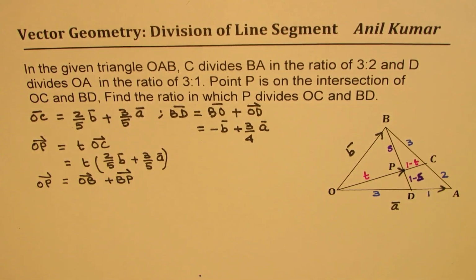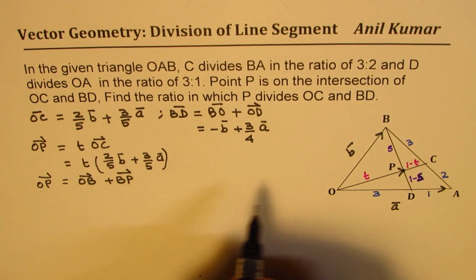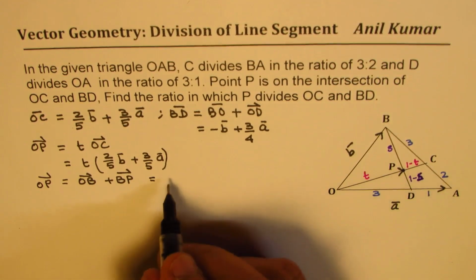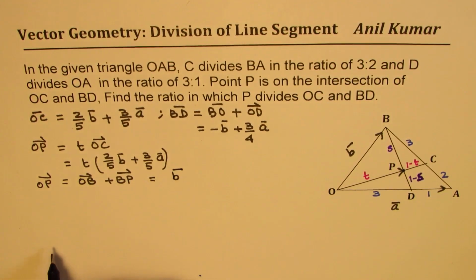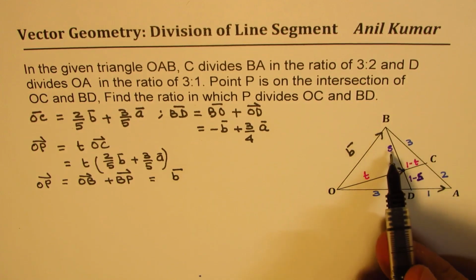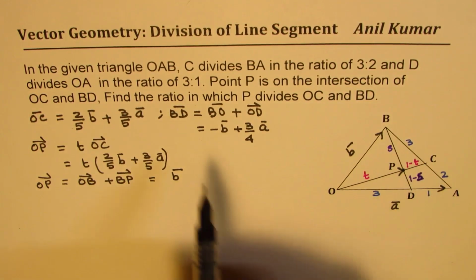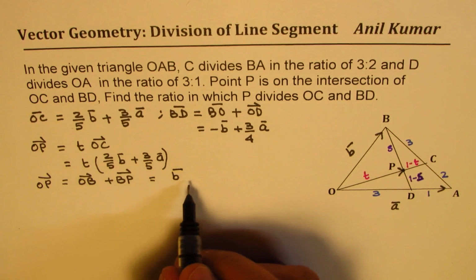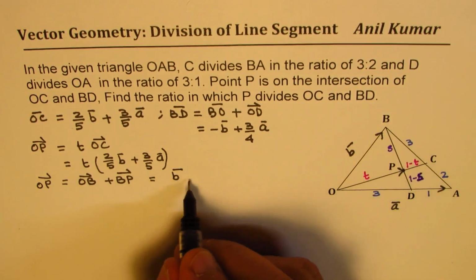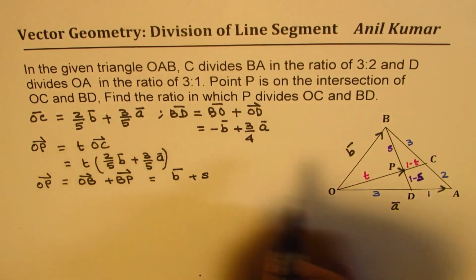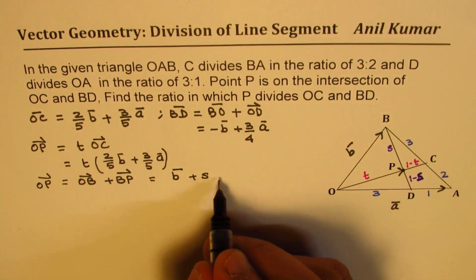Okay. So OB is known to us, which is vector B. BP is s times BD. So BD we already found here. So we can write BP as equal to s times BD, the total length, right?